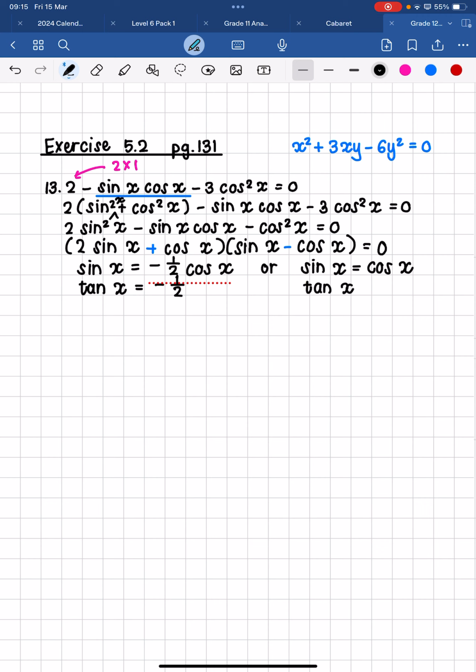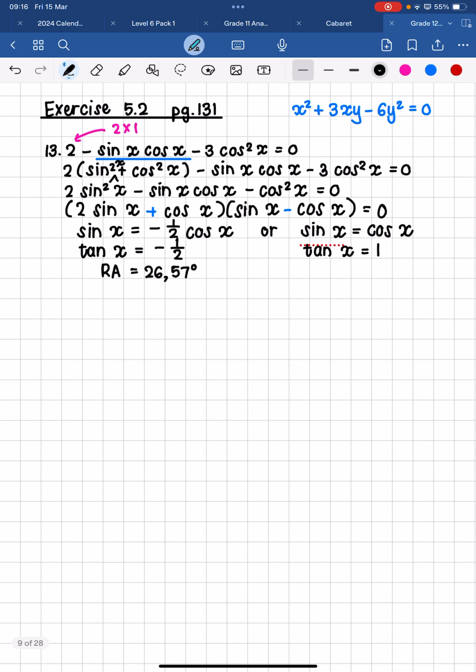On the right, 1. Okay, shift tan of a half is 26,56, or 57 actually. And it's negative, so in which quadrant am I going to work for?